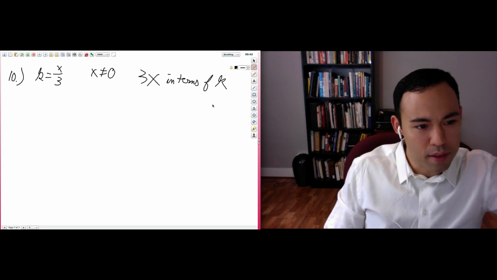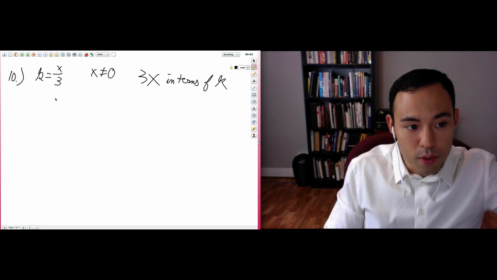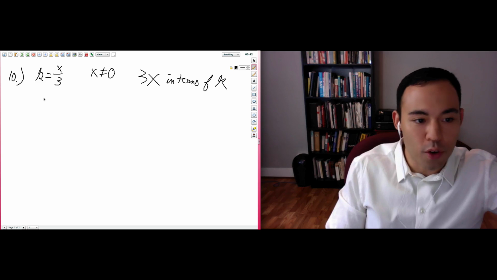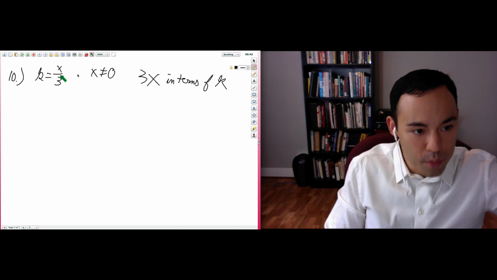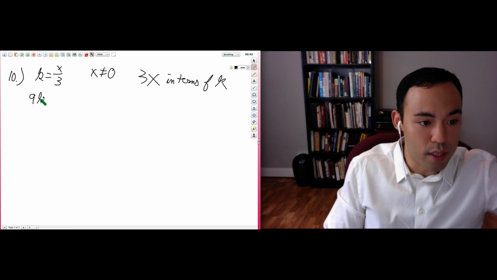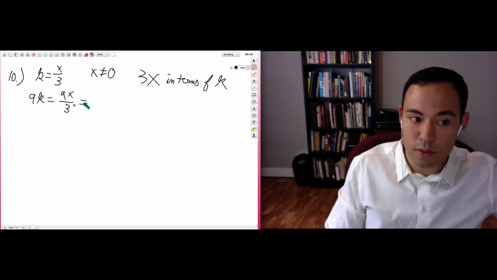I want to show you two ways of doing this. The first way is to recognize that if I multiply a 9 straight across this expression, I'm going to get 9x over 3, and 9 divided by 3 is 3.